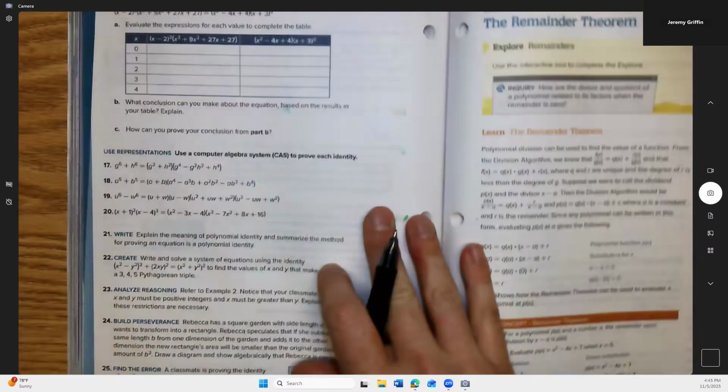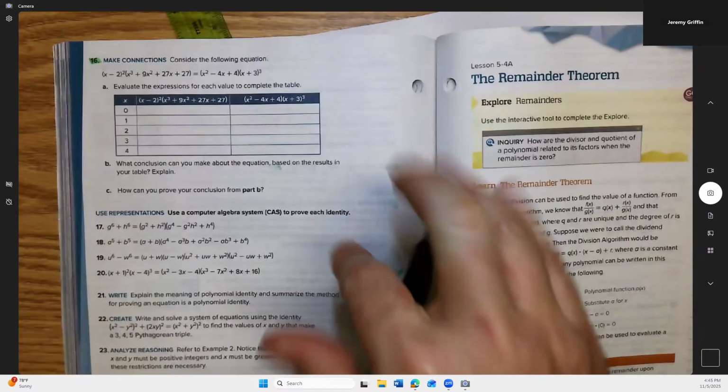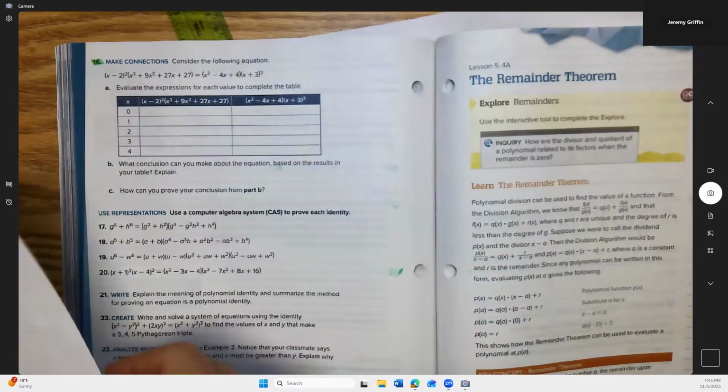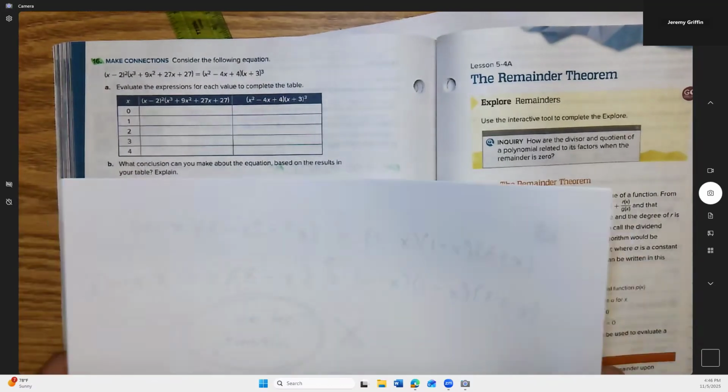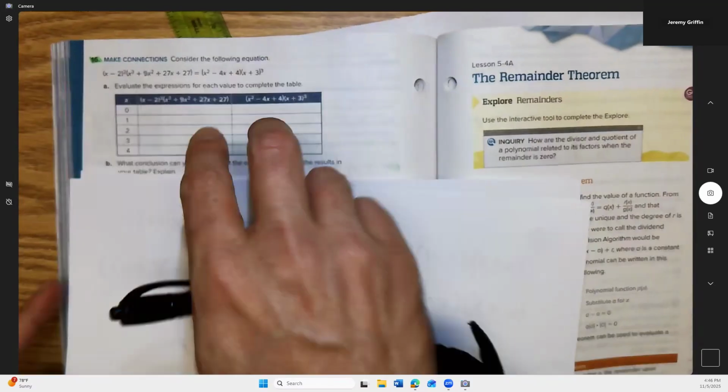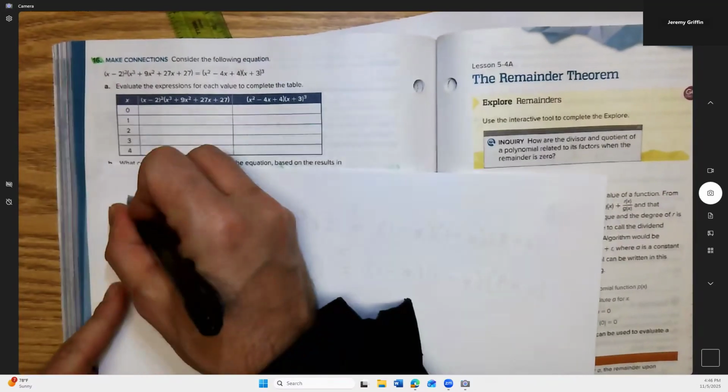And yeah, I'll do one more with you guys. This one worked out a little different. They gave you this table. I thought that was kind of interesting. Otherwise, it's relatively short and sweet here. Consider the following equation. Here, I'll write it out so it looks better on the camera.